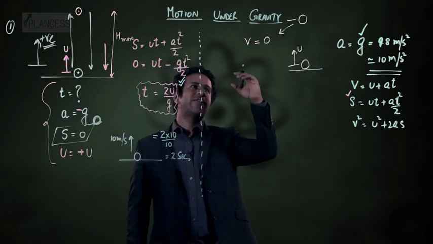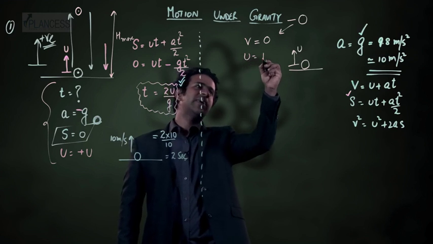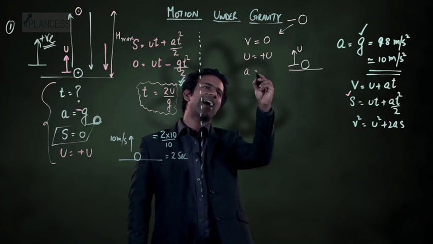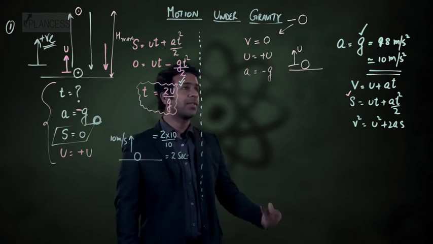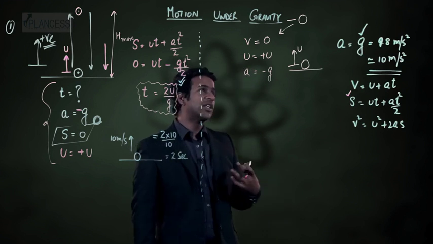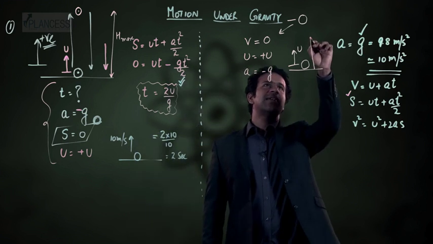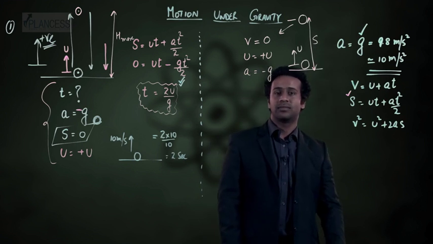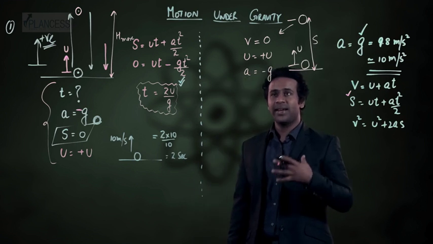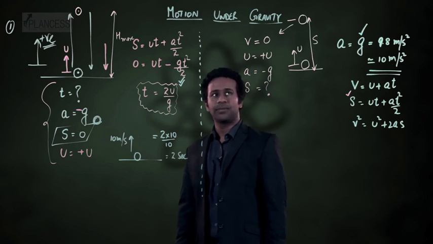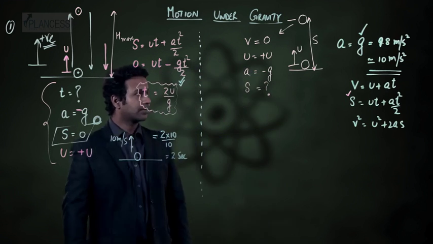So we know the final speed, we know the initial velocity is plus u, we know that the acceleration is minus g, and we wish to find the height, which you can clearly see is simply equal to the displacement of this ball, right? So the maximum height translates to the displacement which is to be found, right?